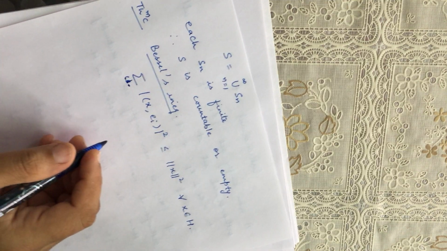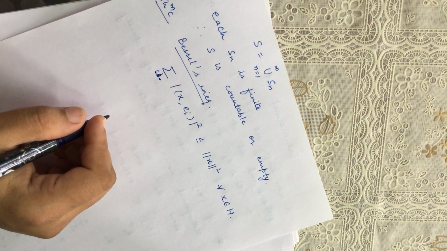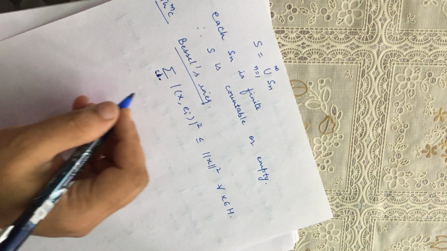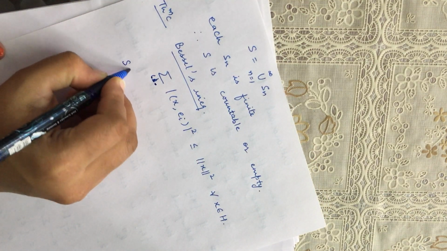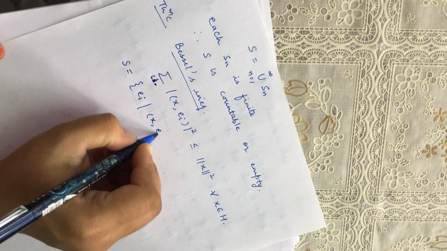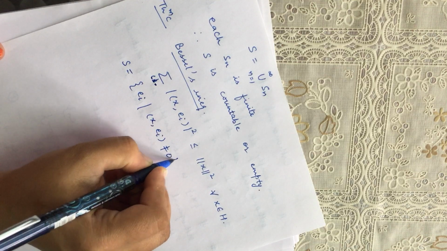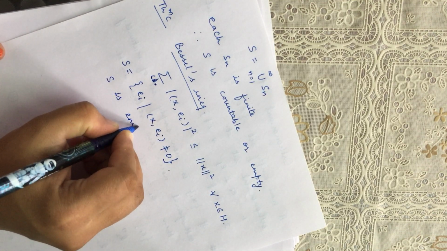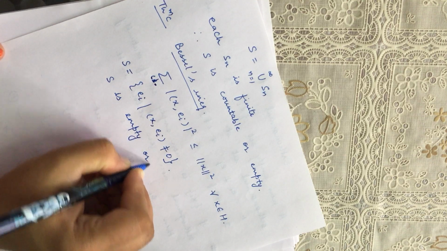The summation is over. So from the previous theorem, if we define a set S, which is the collection of all ei for which this inner product is non-zero, then S is either empty or countable.